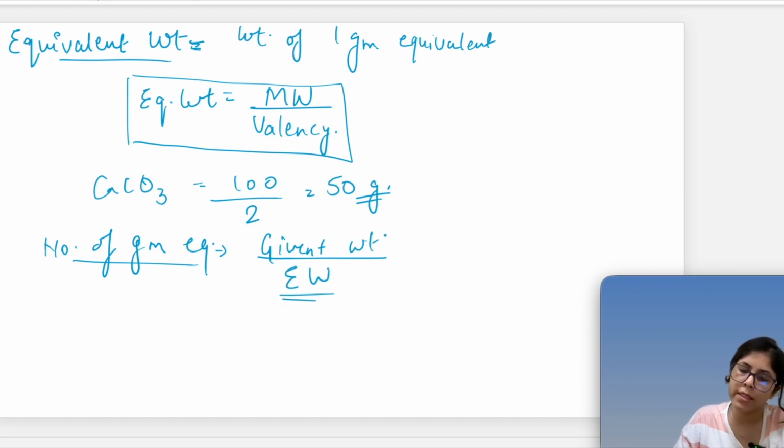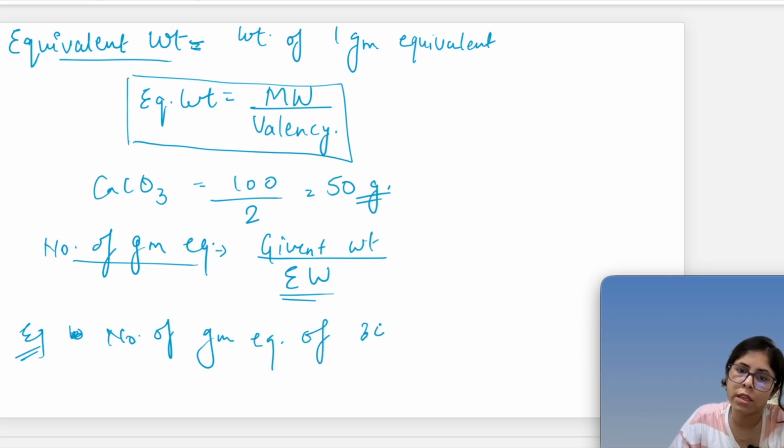For example, we have to calculate the number of gram equivalents of 300 milligram of CaCO3.